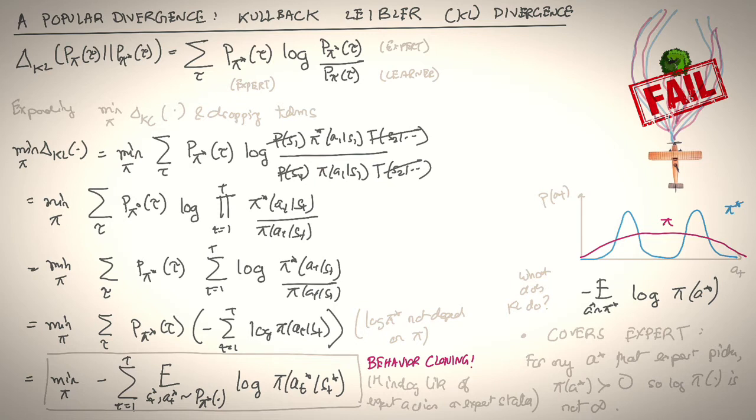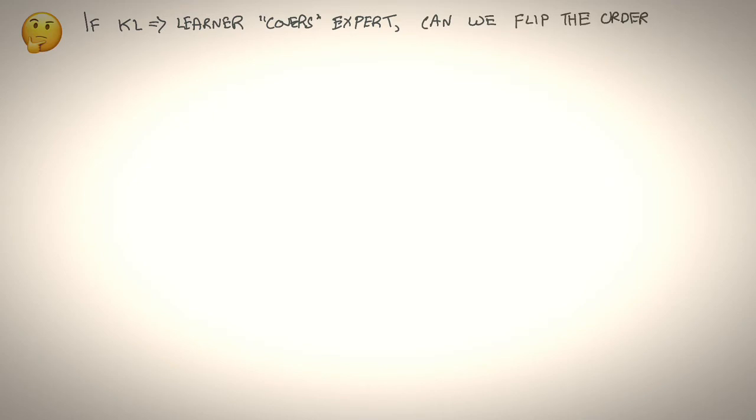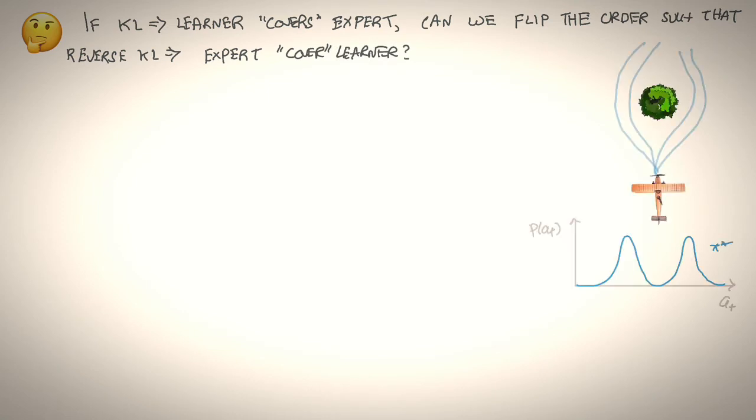Now, as we say this out loud, it seems that we can take this argument and flip it around. In other words, if forward KL forces the learner to cover the expert, can we simply reverse the direction? Can we say the expert should cover the learner? In other words, reverse the order of arguments in the KL divergence.